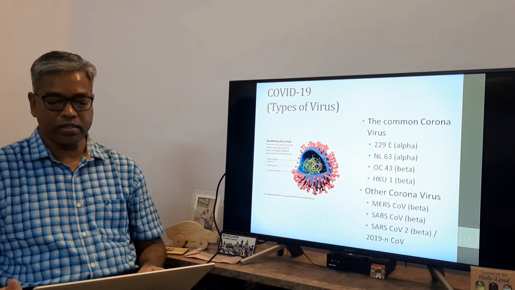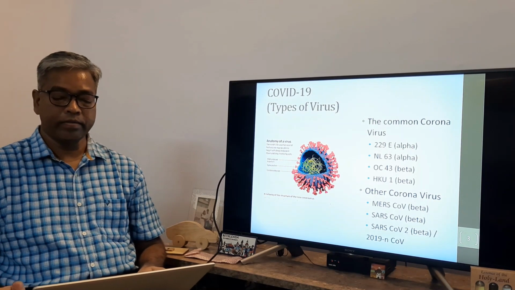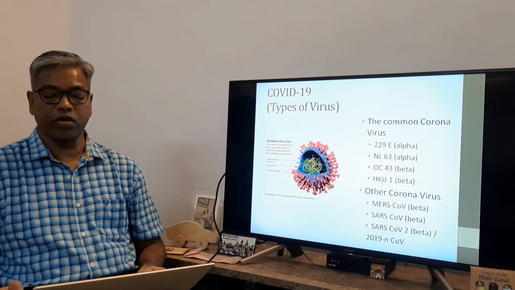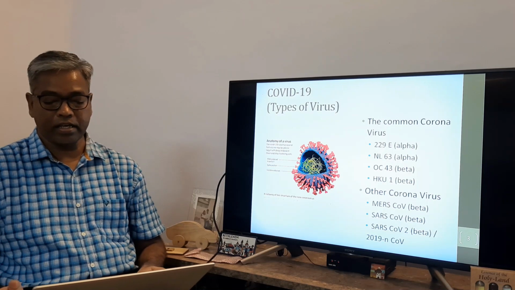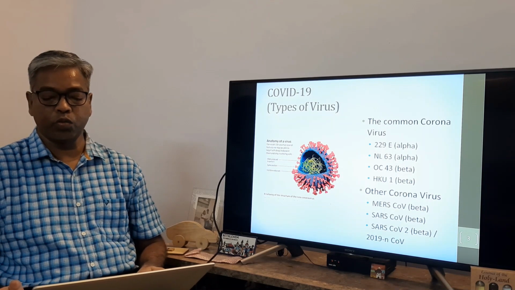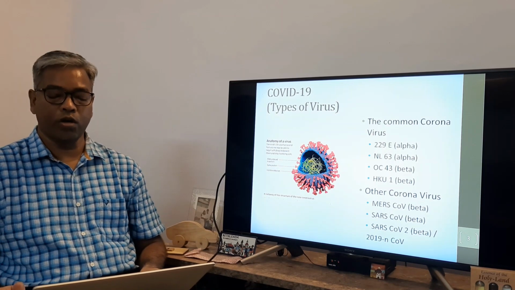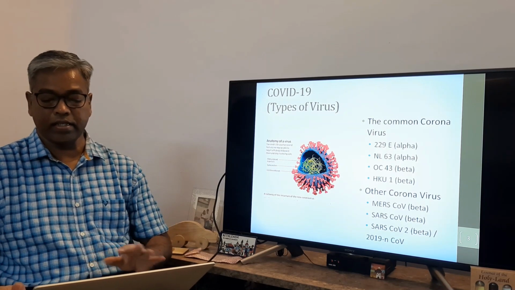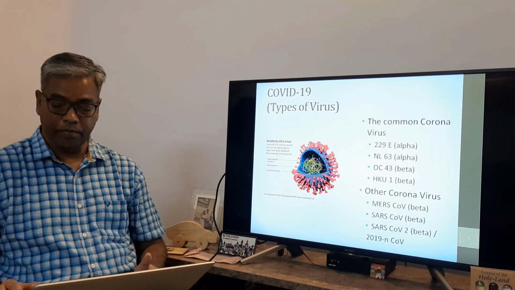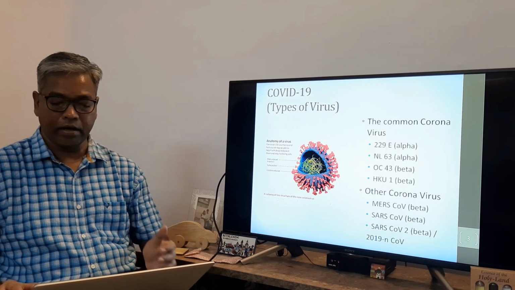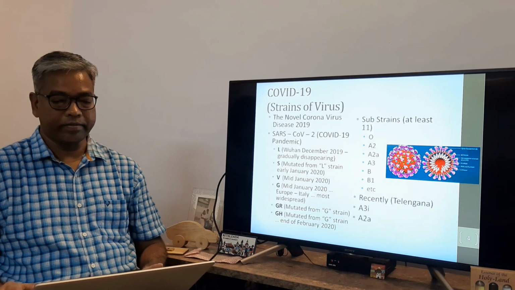Other coronaviruses are MERS coronavirus, which is beta, SARS coronavirus, which is again beta, and SARS coronavirus 2, which is beta, also known as 2019 novel coronavirus. This is the last one, which is actually affecting us, and we see people become very sick, and they are really severe in their sickness.